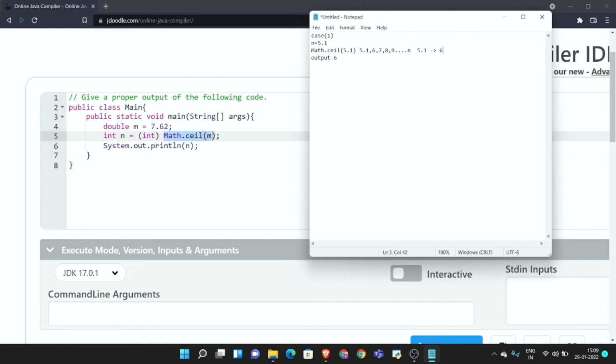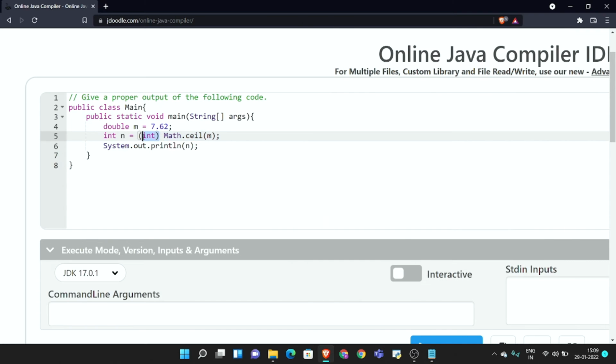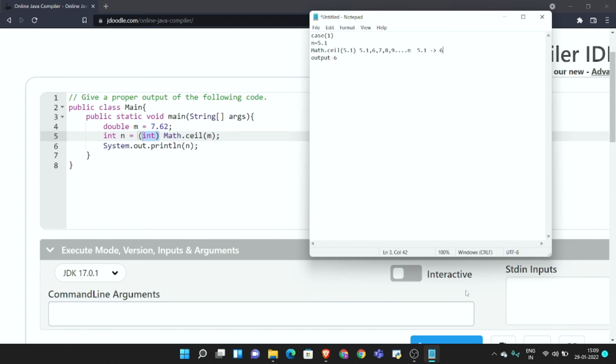I'm not talking about the decimal which comes after 5.1, like 5.2, but we don't want any decimal number. We want the integer because we have given the command as integer. So math.ceil of 5.1 will give the integer which comes after 5.1. So this is our first case.